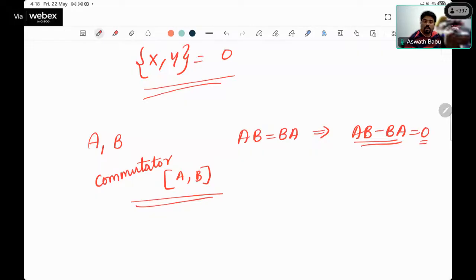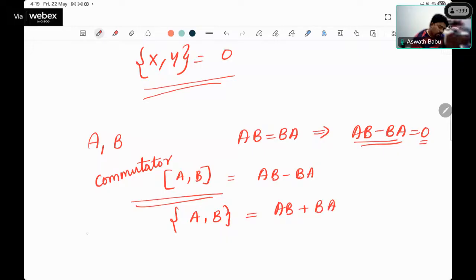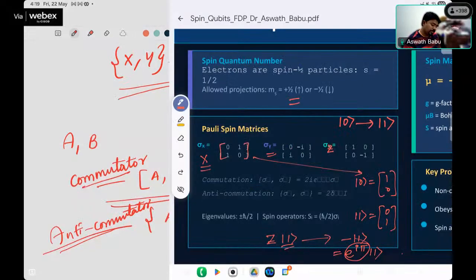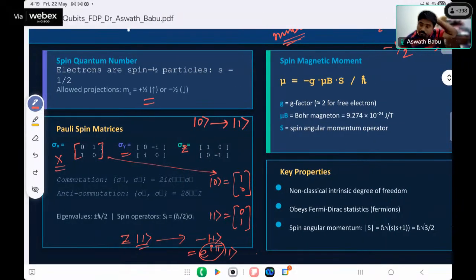Okay, right? What is the anti-commutator? Instead of having a difference, we'll add it. This is AB plus BA. This is called the anti-commutator. Okay. So there are very good cyclic relations based on the commutator. Commutator relations exist for Pauli gates, that is, the single qubit gates. Okay. I hope Prahalad ji gets that.